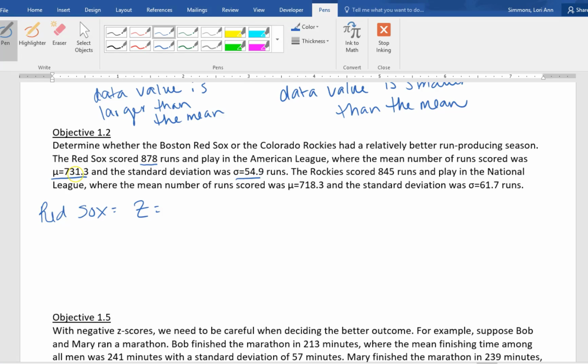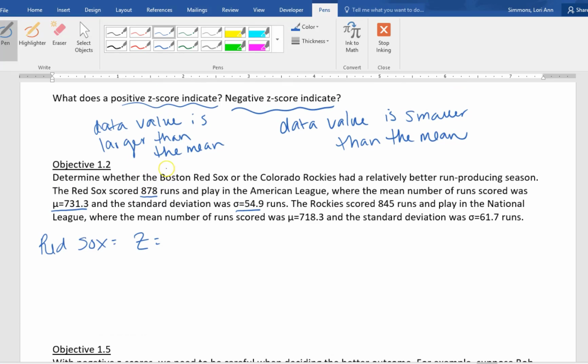So we have our mu and standard deviation. So this 878 is our x. That is the data value. So we take 878 minus the mean, all divided by the standard deviation. When you get that, you get 2.67.